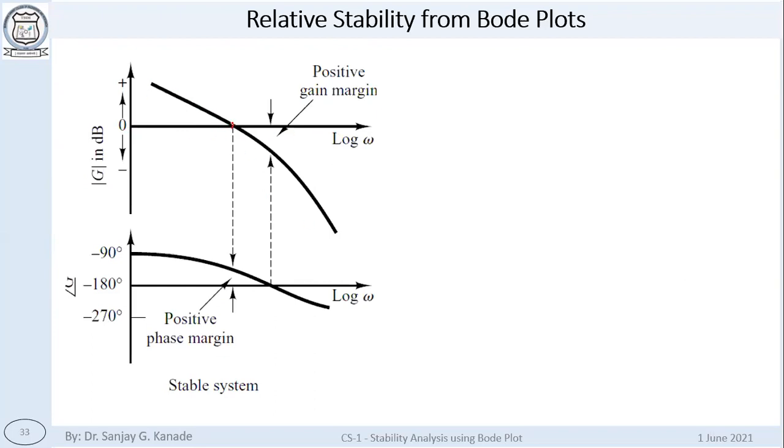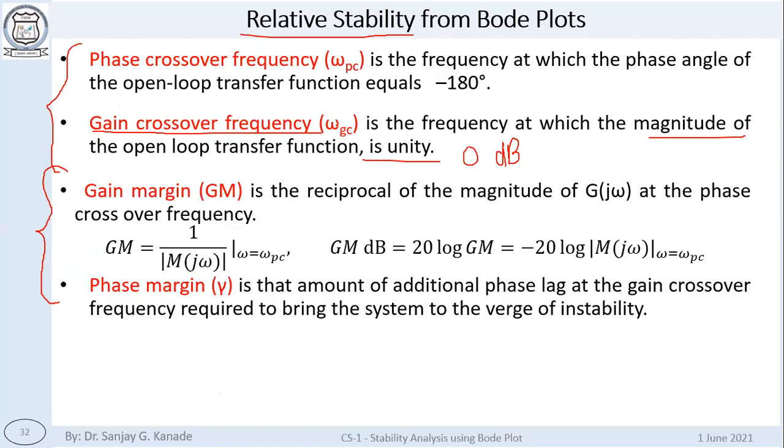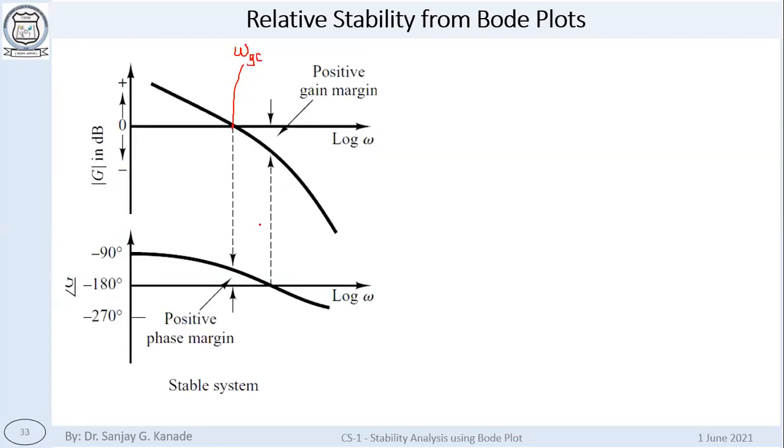This is where the magnitude is 0 dB. So this particular frequency is omega GC, which is called gain crossover frequency, right? As the name suggests, it is the frequency at which gain is crossing.